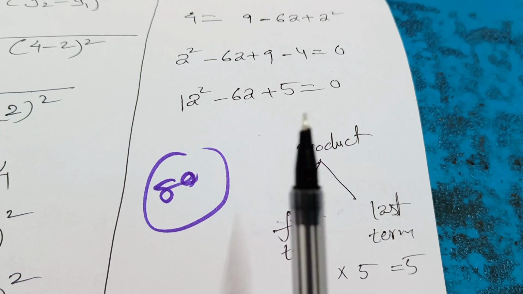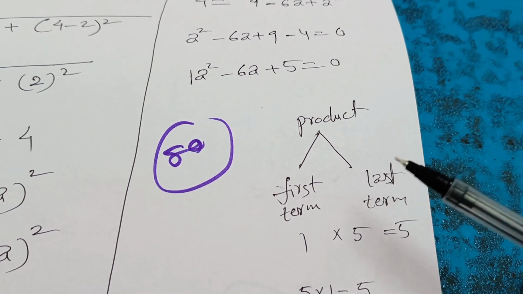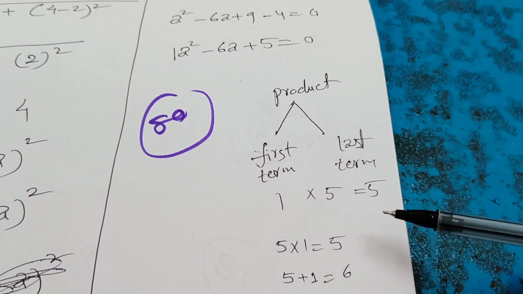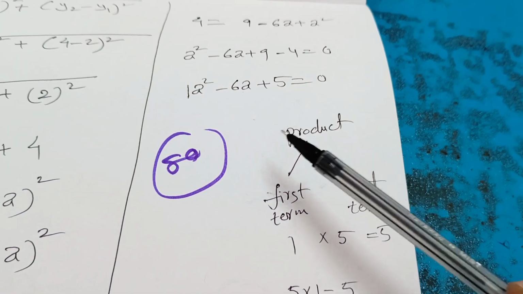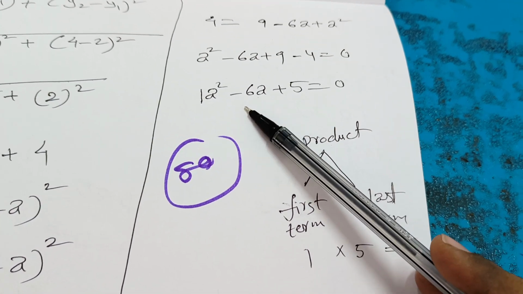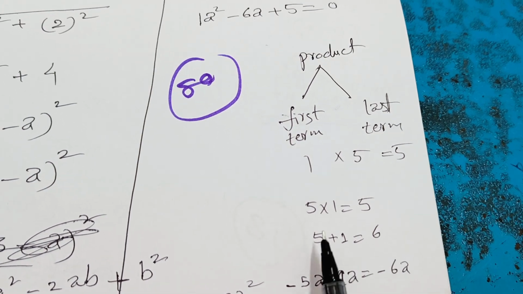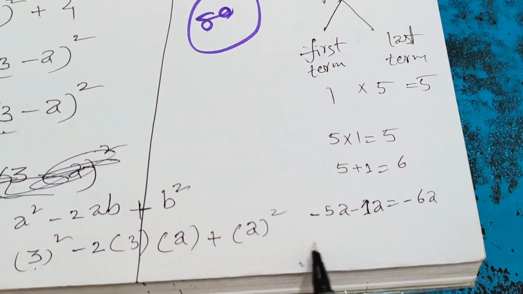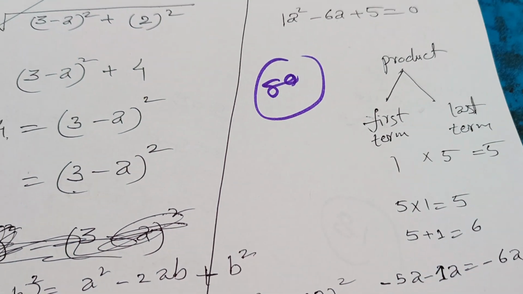So we have to select two digits whose product is 5. Means when we multiply the two terms we have to get 5, and when we add or subtract them we have to get the middle term. So 5 ones are 5. 5 plus 1 becomes 6. So we are taking the two terms 5 and 1.